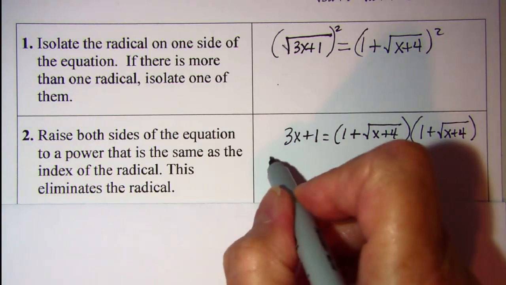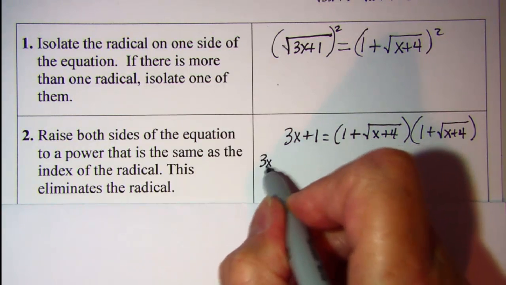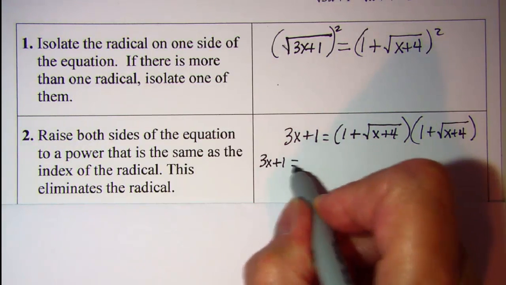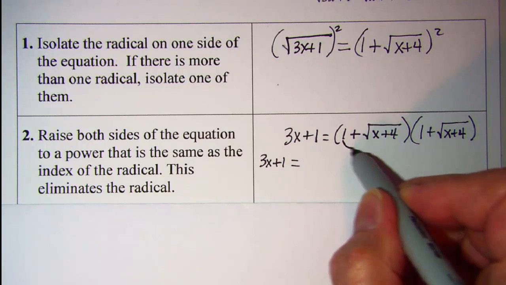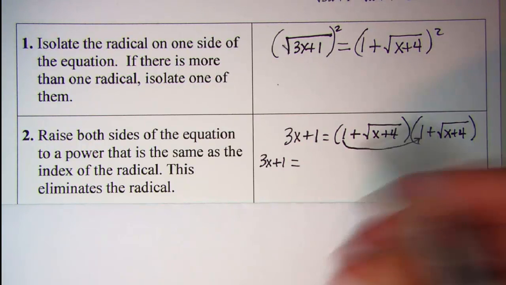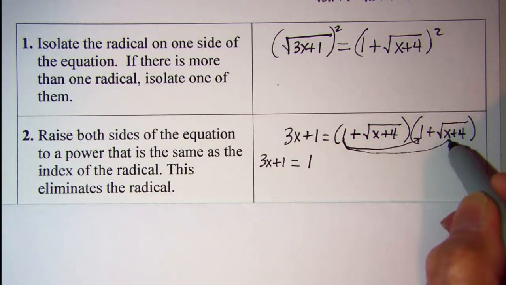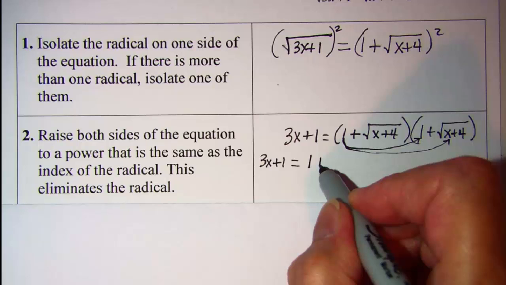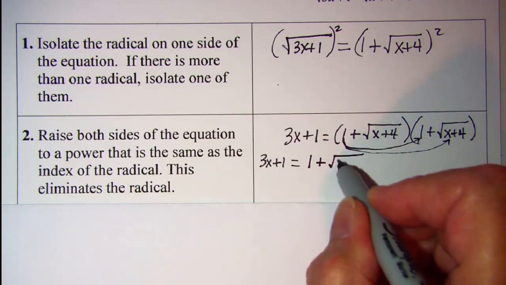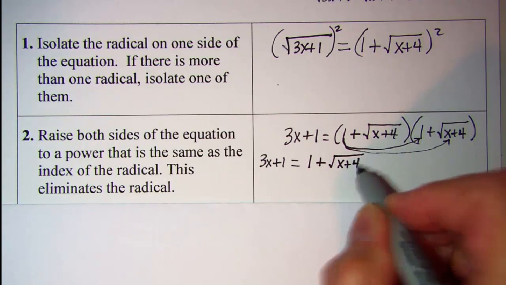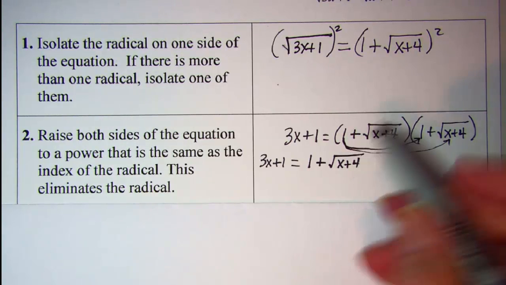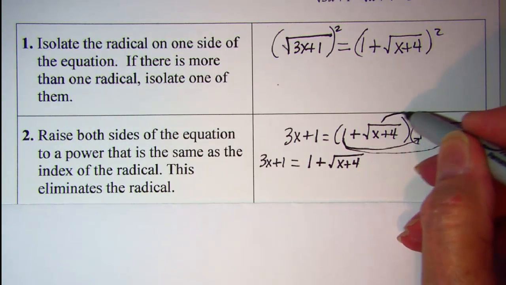All right, so let me copy the left side, 3x plus 1 equals. Now if we use FOIL, we'll multiply 1 times 1 is 1. And then 1 times this radical is plus square root of x plus 4. Now we're done with the 1, so let's take this radical through.